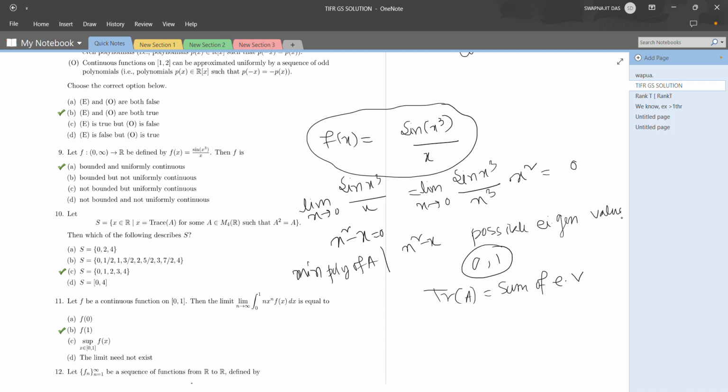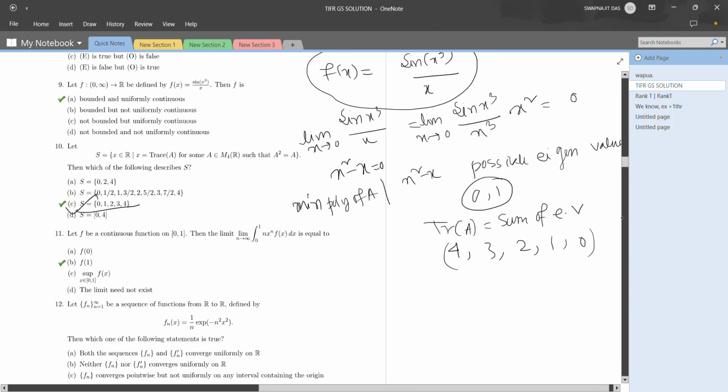Maybe 4 are same, maybe 4 are different. I mean, not 4 different, this is not possible because the only possible eigenvalues are 0 and 1. So if all the eigenvalues are 1, you will get 4. If exactly 3 are 1 and 1 is 0, you will get 3, 2, 1 and 0. So the possible answer is just this.